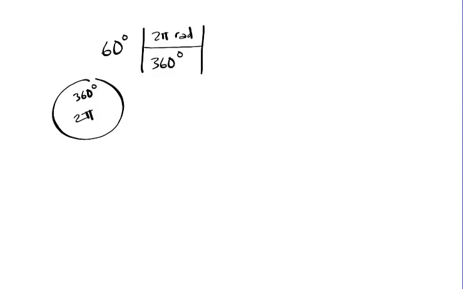In the end, the 2 over 360 cancels, and you wind up with pi over 180, but it doesn't matter. You just do the math, and you would wind up with something in this case like 1/3 pi radians. Now, this is physics. I'm not going to express these angles in fractions of pi like I did in my math class. I would put this in my calculator, and I would come up with 1.05 radians. We really need these in decimal form to use the formulas that we are going to be using.